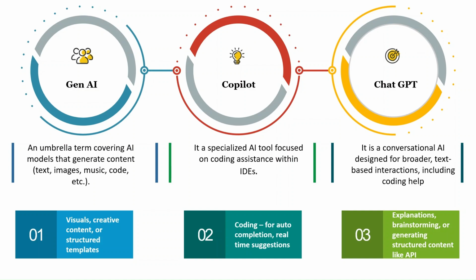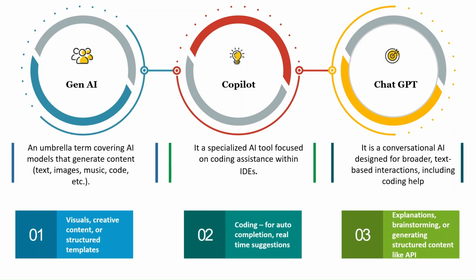So these are the three major differences between GenAI, GitHub Copilot, and ChatGPT. Their usage is more or less related to each other, but specialized in a particular area. For example, GenAI is an umbrella term that covers both Copilot as well as ChatGPT.